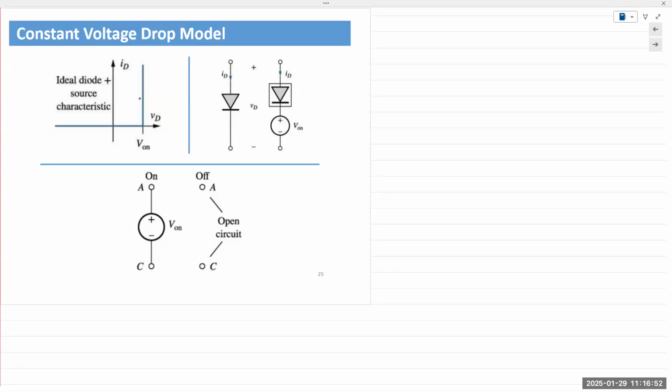In an ideal diode model, voltage is 0 in forward bias. In a constant voltage drop model, we would model it as an ideal diode in series with a voltage source of 0.6 volts.